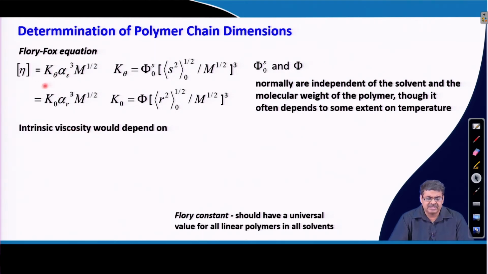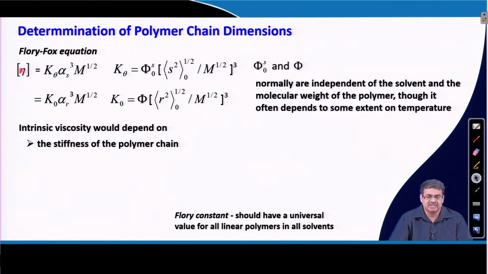So, from this expression we can estimate that intrinsic viscosity depends on the stiffness of the polymer chain. This ratio gives us the stiffness of the polymer chain.